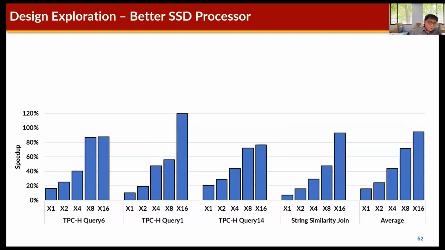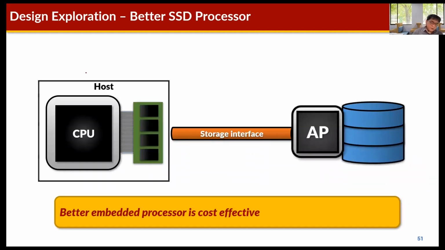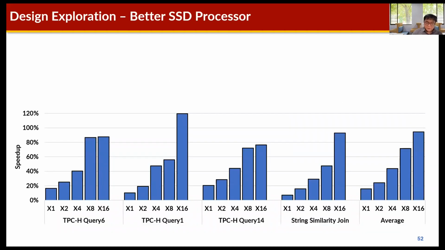So we applied high performance embedded processors such as X1 performance, X2 performance, like this. And we also measure the speed up by near data processing, and as you expected, if we use a higher performance embedded processor for near data processing, the entire performance is also increased dramatically.